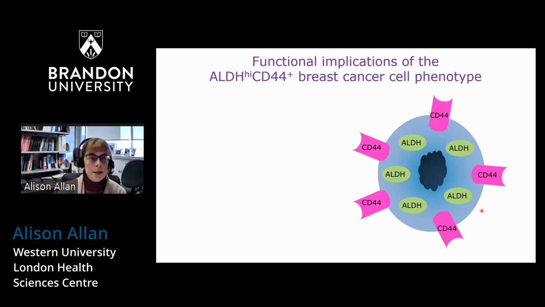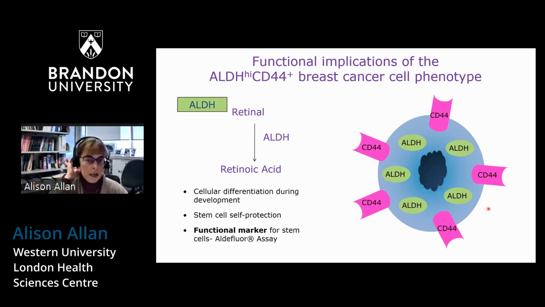So what are these markers? As a cell biologist, the good news is that these are not just markers that allow us to use technology to pull the cells out, they actually have an important biological function. Aldehyde dehydrogenase is an enzyme that converts retinol into retinoic acid.